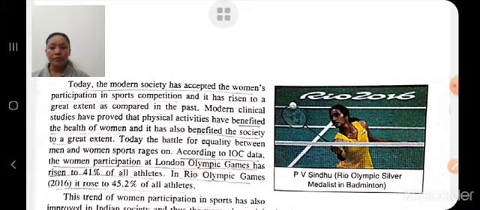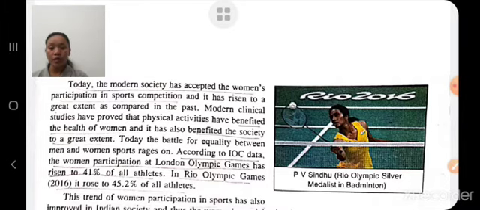Today, the battle for equality between men and women in sports rages on. According to International Olympic Committee data, women's participation is increasing. At the London Olympic Games it rose to 41% of all athletes.